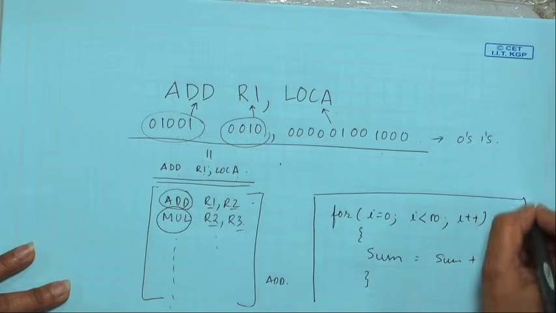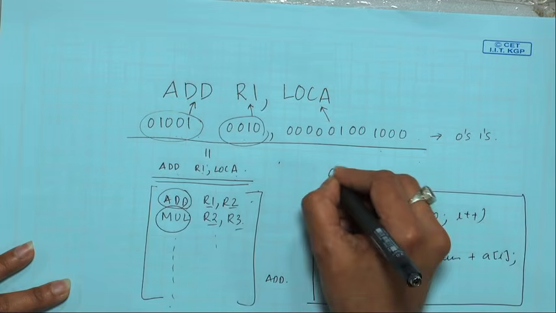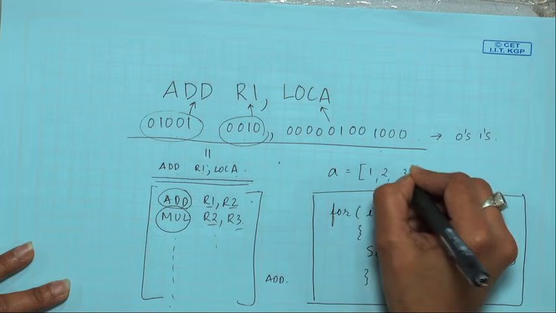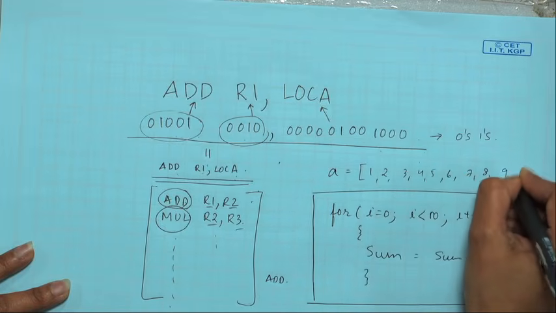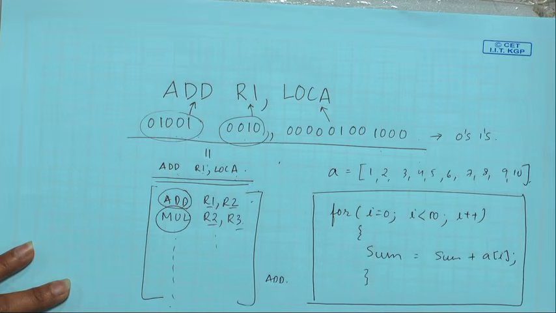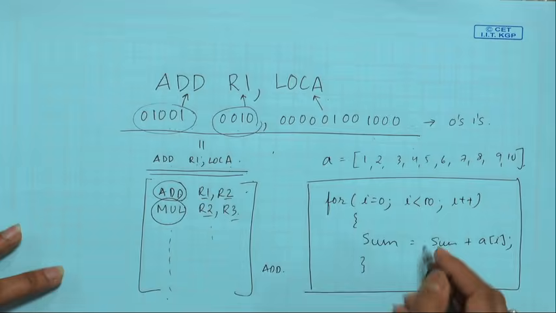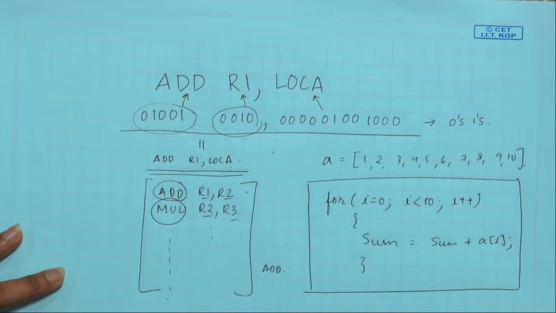This is a representation in a high level language, where A is an array which consists of some values, and I uses a for loop to add these values, 1 plus 2 plus 3 up to 10.